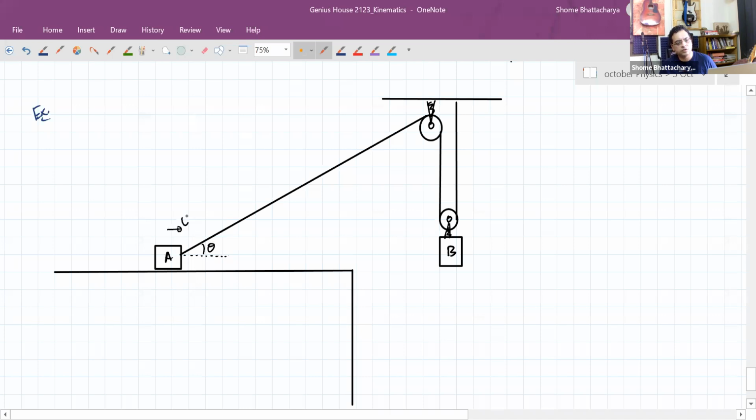So if this is moving horizontally at VA and this is moving vertically at VB, okay.